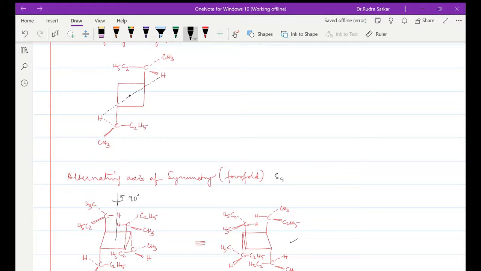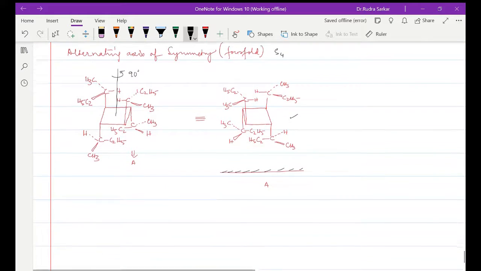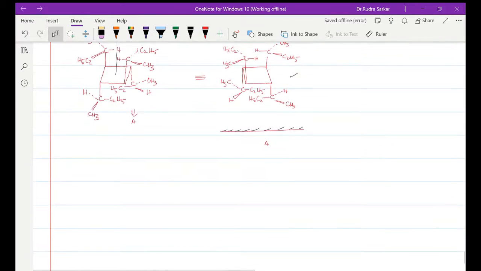That is why I said it is called a fourfold axis of symmetry. So an n-fold alternating axis of symmetry is an axis such that when the structure possessing this axis is rotated around the axis by an angle of 2 pi by n and then reflected across a plane at right angles to this axis, which is the mirror plane, it gives you the identical structure.